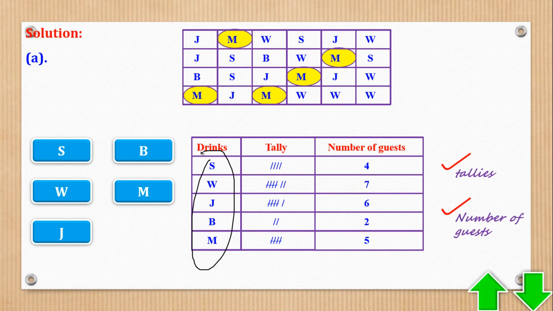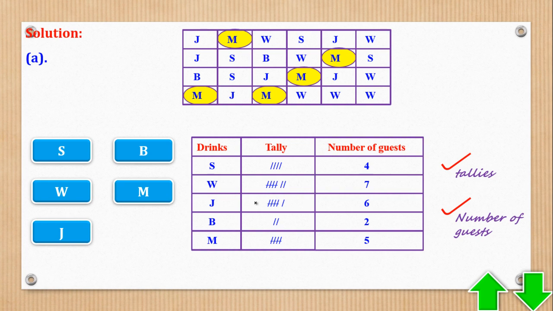So here there are only 2 options. You either use a pie chart or a bar graph. If you use a line graph, it will never be okay, because a line graph is basically for quantitative data.